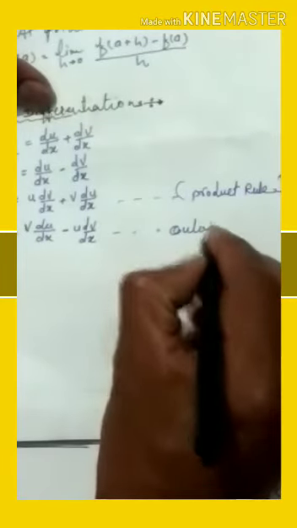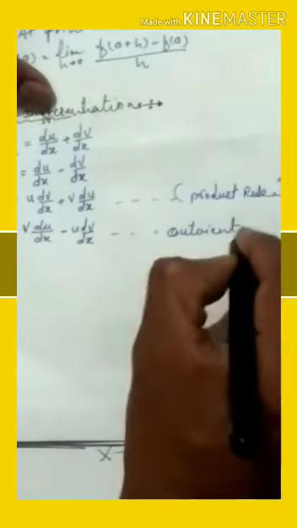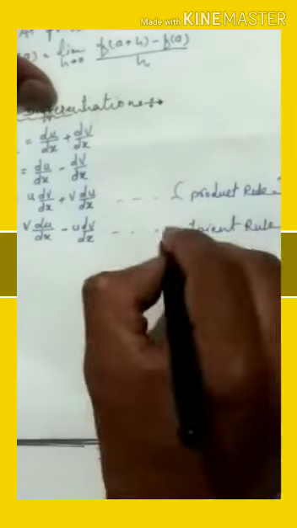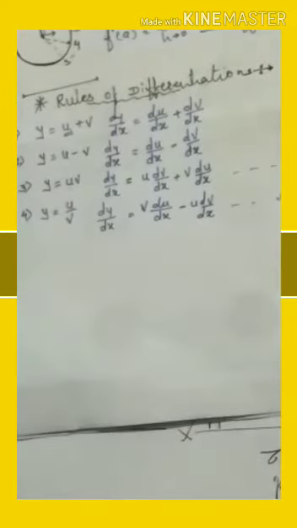Which rule? This rule is called as quotient rule. Okay, it is very simple, isn't it?